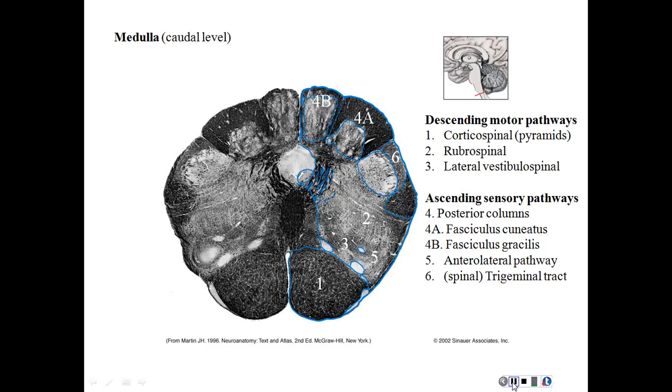These two large bundles down here are our corticospinal axons before they cross the midline. Why do I say before they cross? Because the decussation of 85% of corticospinal axons occurs at the cervicomedullary junction.